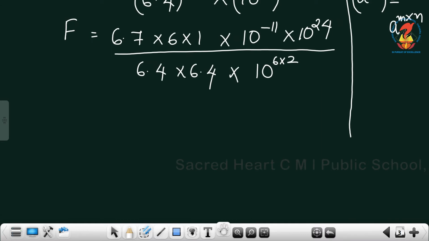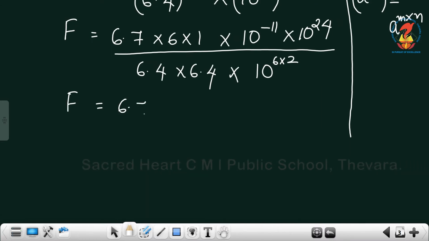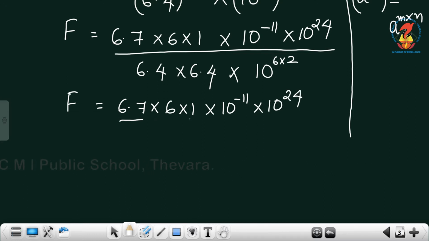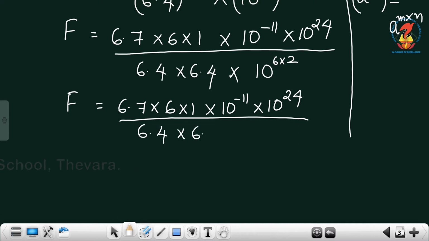That is, F is equal to 6.7 into 6 into 1 into 10 raised to minus 11 into 10 raised to 24 divided by 6.4 into 6.4 into 10 raised to 6 into 2, which is 10 raised to 12.